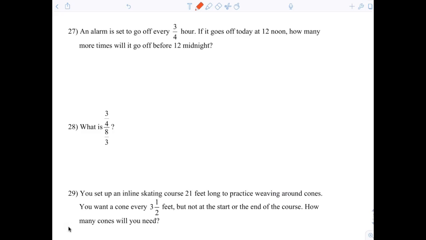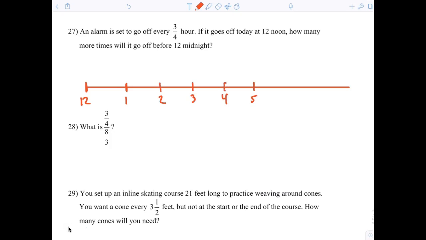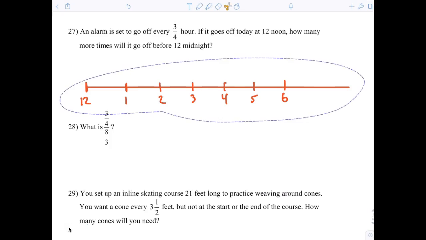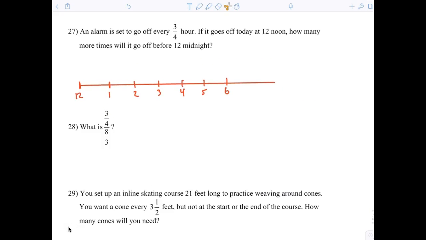Okay, so now what I want to do is I want to watch. Again, here's how my brain operates. So here is 12 noon. And then this would be what? 1, 2, 3, 4, 5, 6. Come on, stay with me, everybody.